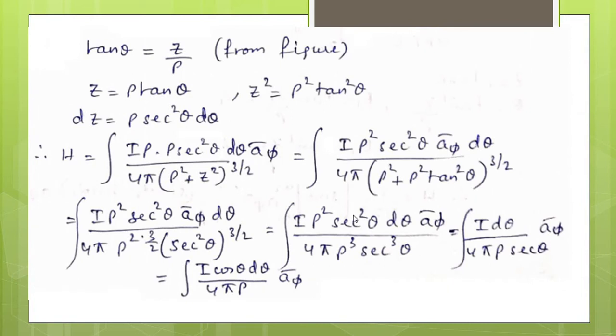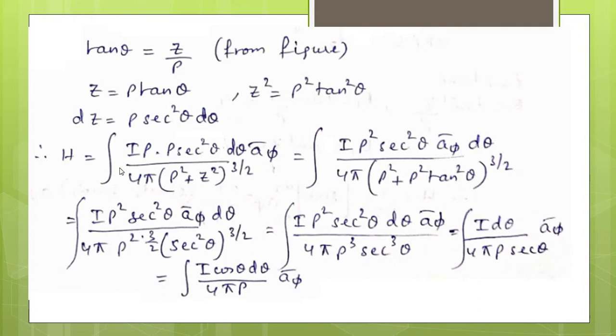From the diagram we can write the equation of tan theta, which is equal to z divided by rho, or cross multiplying we get z is equal to rho into tan theta. Differentiating on both sides, we get dz is equal to rho into secant square theta into d theta. If we square on both sides, we get z square is equal to rho square tan square theta. So use all of these substitutions in the previous equation.